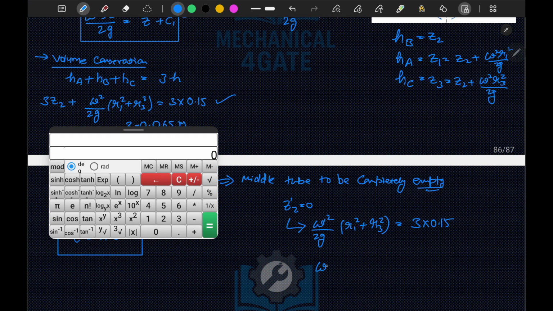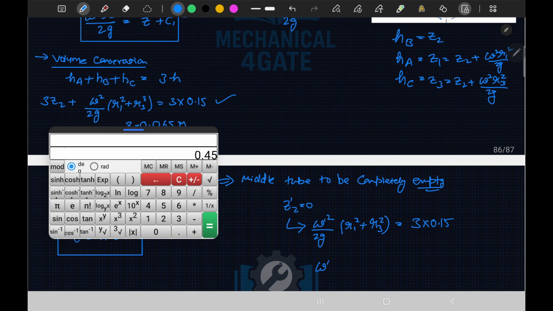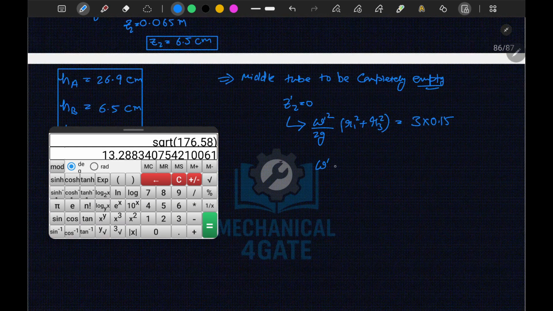So this is 0.45 into 2 into 9.81, divided by R1 square plus R3 square. R1 square is 0.04 and R3 square is 0.01, so 0.05 total. If we take the square root, we obtain omega dash equal to 13.29 radian per second.